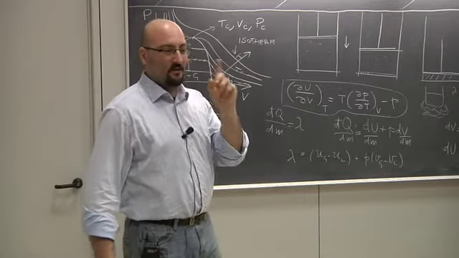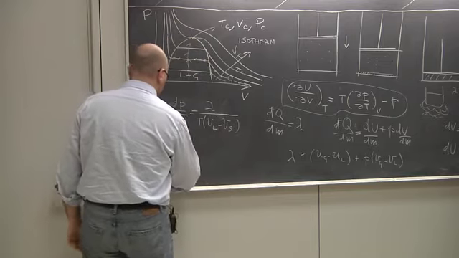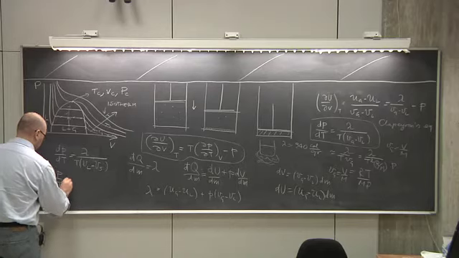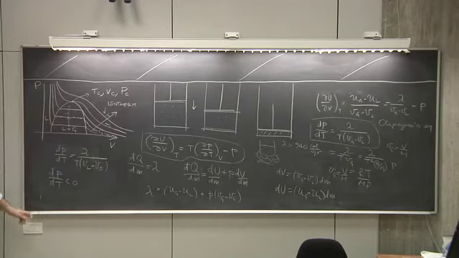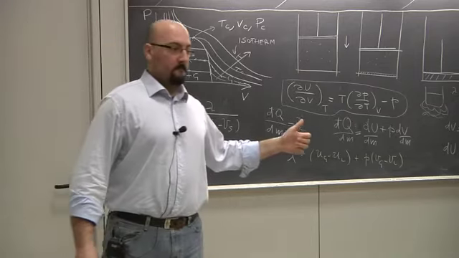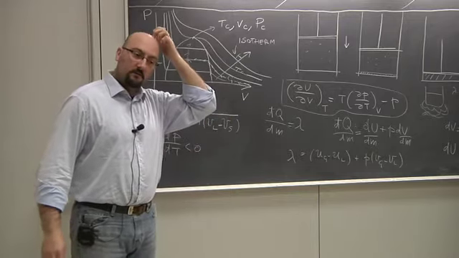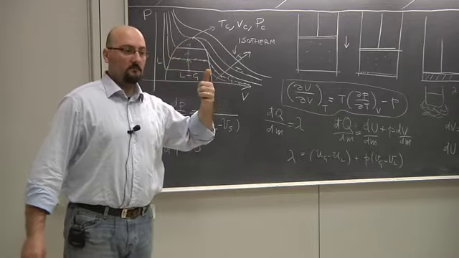But this has very, very important geological consequences. Because if dP by dT is negative, it means that if I increase the pressure, the critical temperature for freezing goes down.